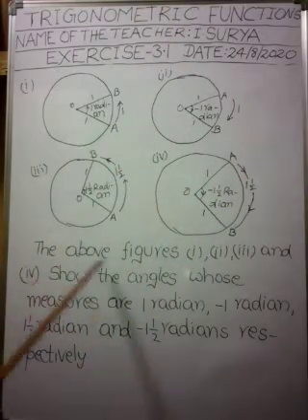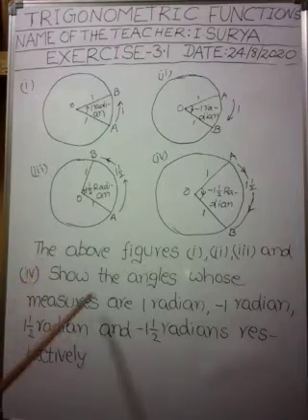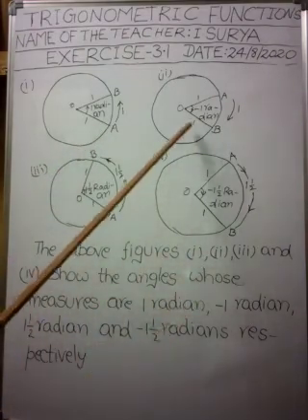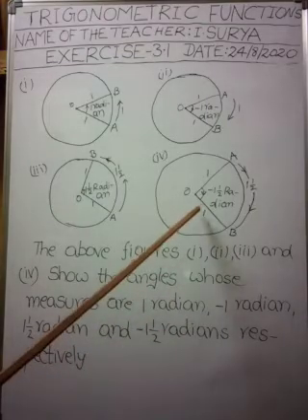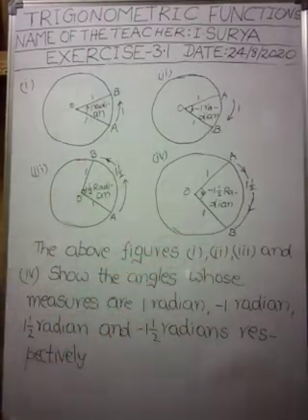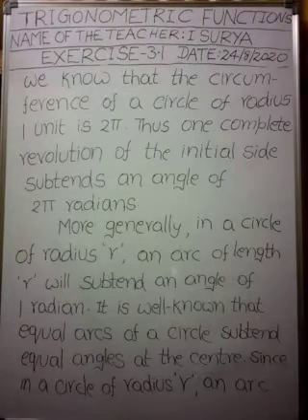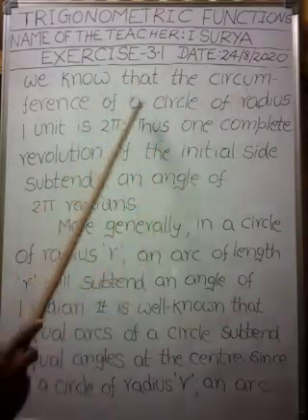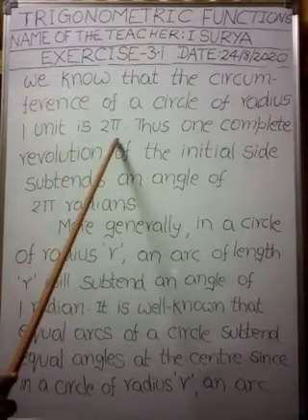Right. The above figures 1, 2, 3 and 4 show the angles whose measures are 1 radian, minus 1 radian, 1.5 radian and minus 1.5 radians respectively. Understood this point, my dear children? Right. We know that the circumference of a circle of radius 1 unit is 2 pi.